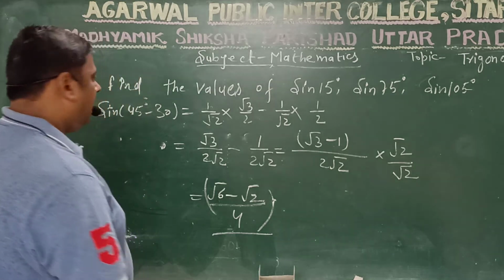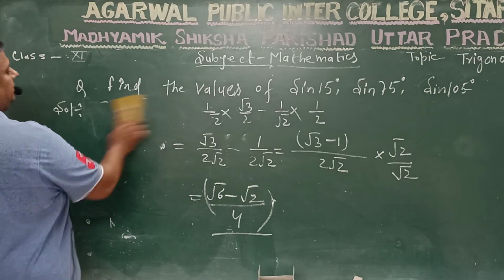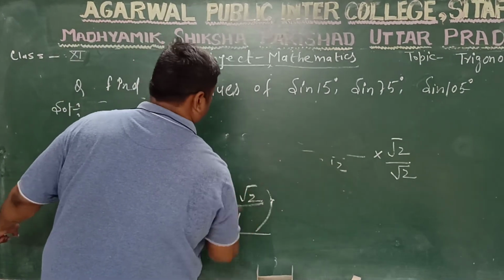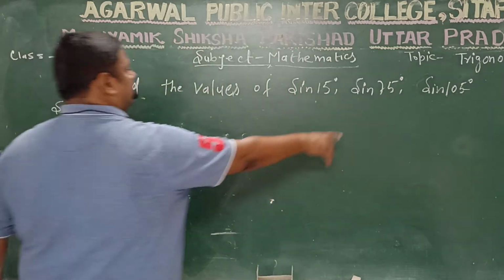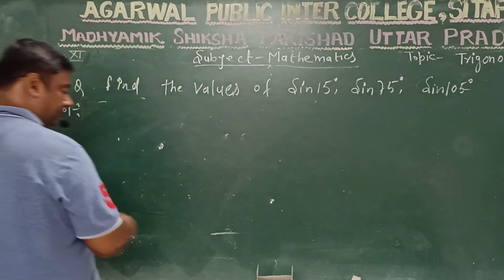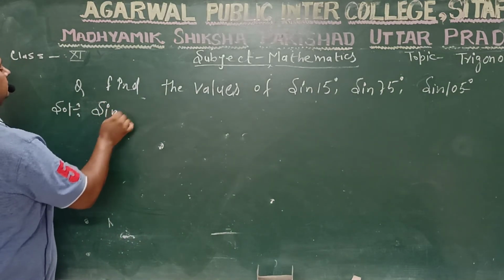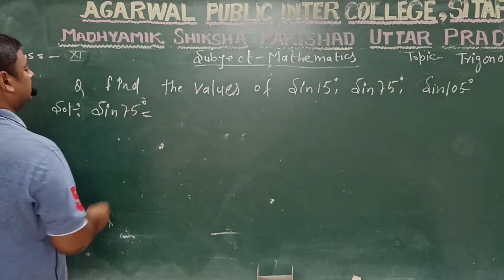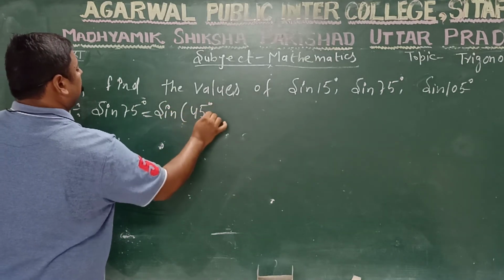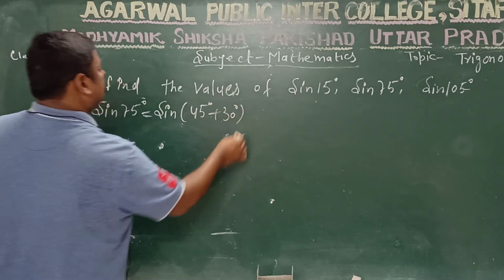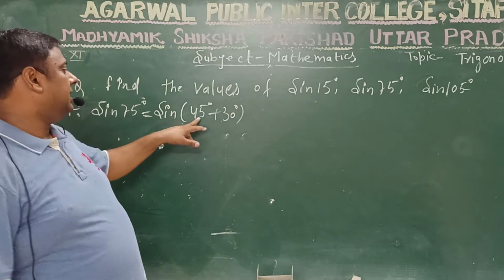Okay, I think you will enjoy this question. So we take another question. Second question: sin 75, which is sin of 45 plus 30 degree.